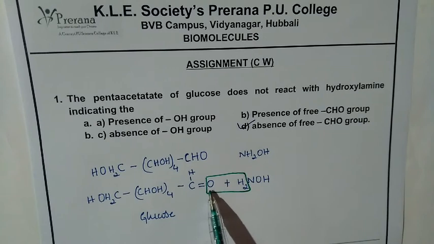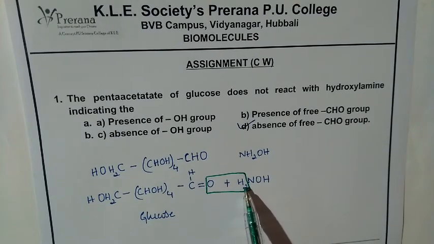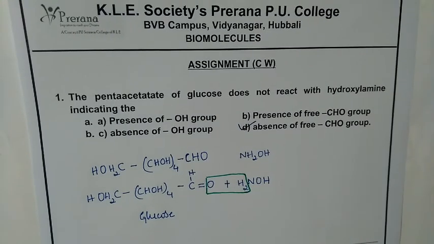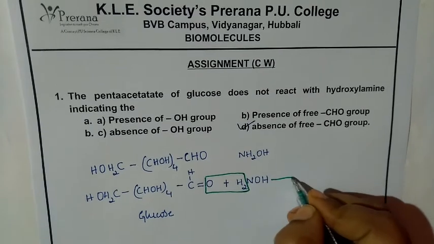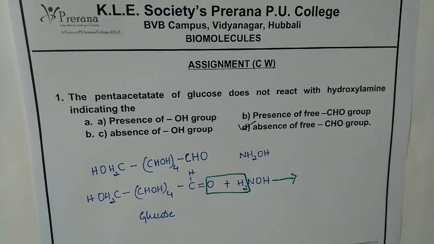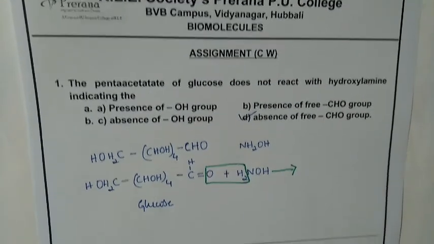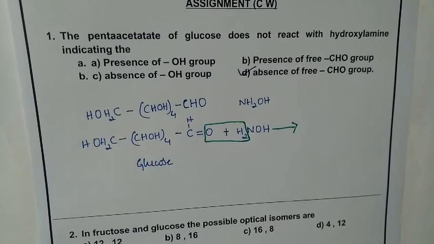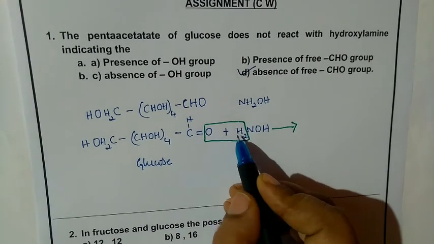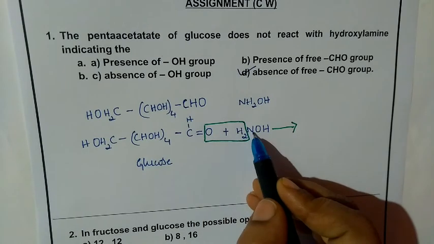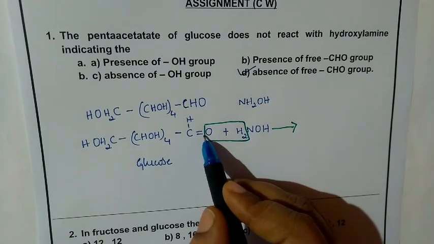What is happening? The oxygen from glucose is removed along with the H2 of hydroxylamine, and H2O is eliminated here. The double bond remains as it is, and nitrogen is linked there.